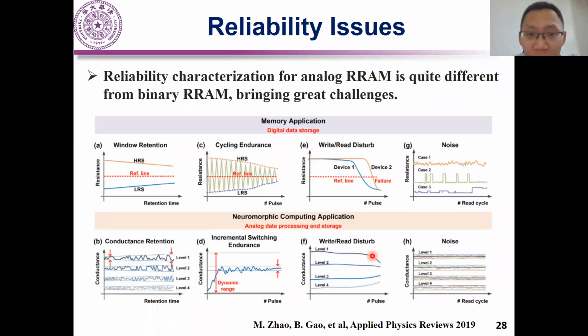One is the difference from the reliability characterization view, and another is from the modeling view. From the reliability characterization view, for memory reliability measurement, for example, if you measure retention, you only need to measure the two states, and you can predict whether the two states will cross or not.